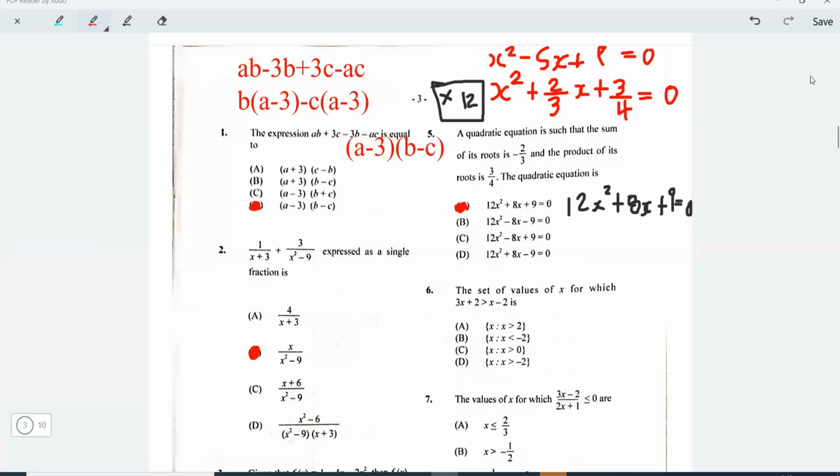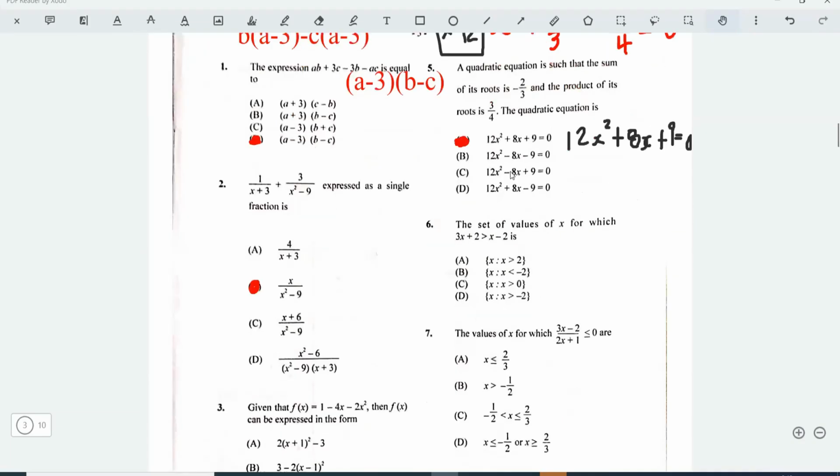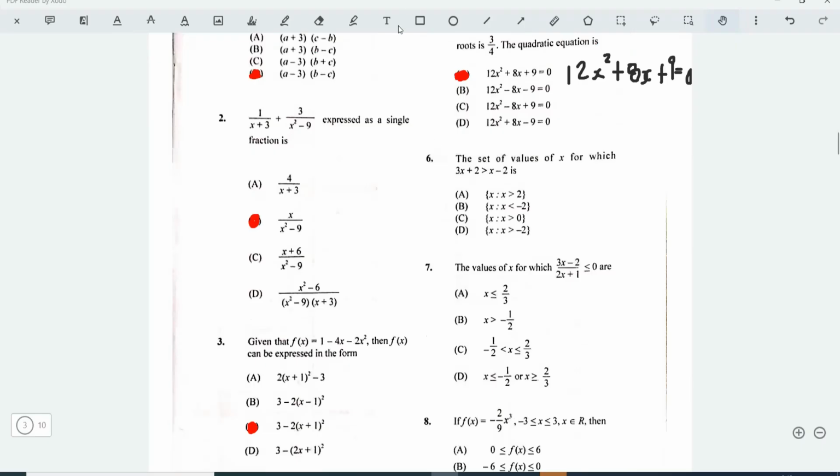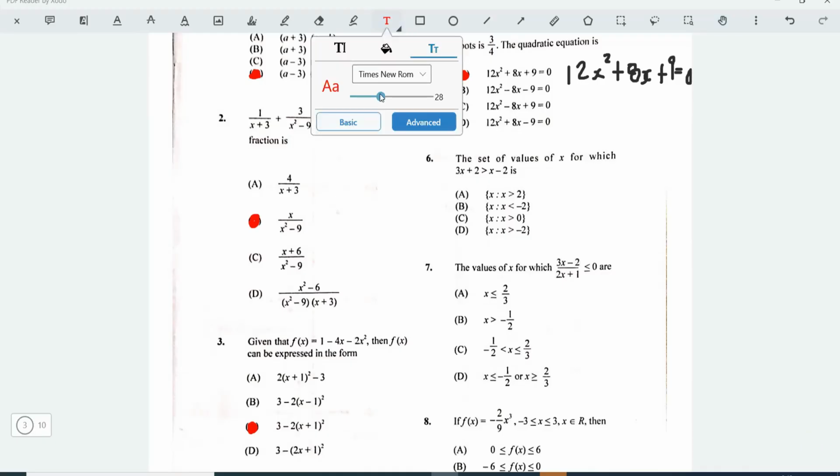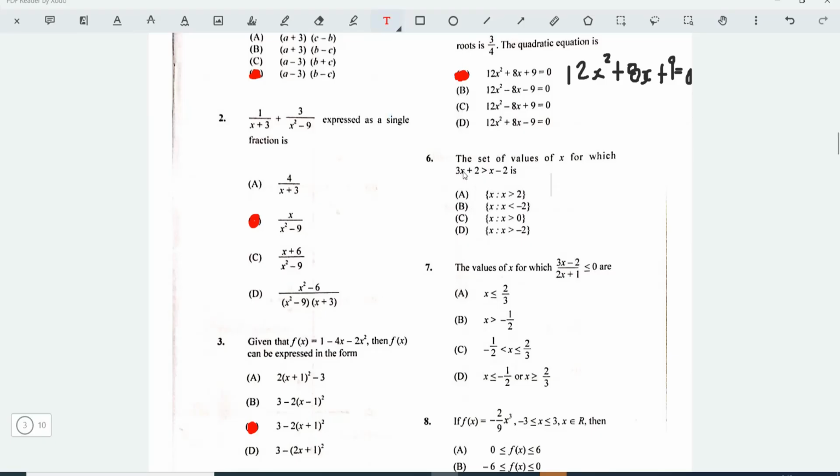That's it, easy. Now this question right here is an inequality. It says, find the set of values of x for which 3x plus 2 is greater than x minus 2. To do this, let me reduce down this font size first. To do this question now, easy. What we're going to do is we have 3x plus 2 is greater than x plus minus 2.